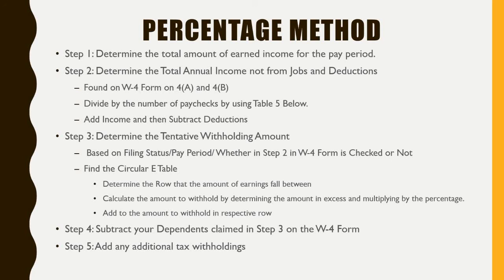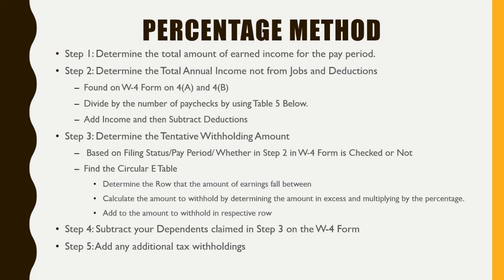So in this case, for this class, we're going to assume we don't have a secondary job. We only have one primary job, and that's it. No spouse. We're not filing married, okay? We're just going to keep it very plain and very simple. No extra income, no extra deductions, okay?